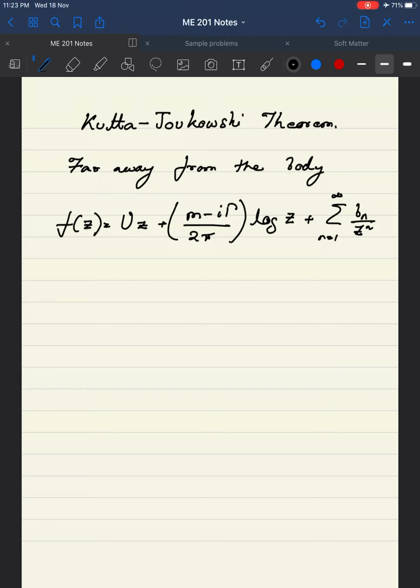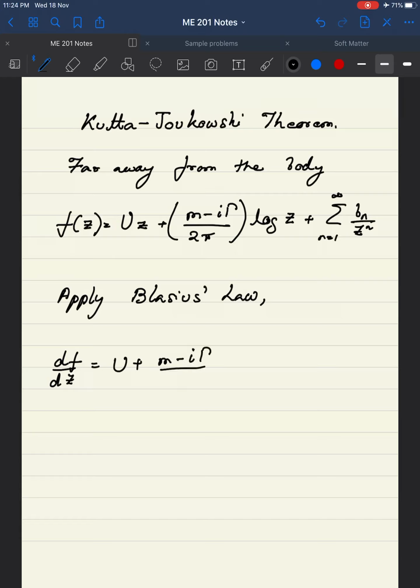Once you have this complex potential, you can apply the Blasius law, and df/dz in this particular case will end up becoming u plus (m - i tau)/(2 pi) times 1/z plus the sum from 1 to infinity of minus n times bn times z to the power (minus n plus 1), right?